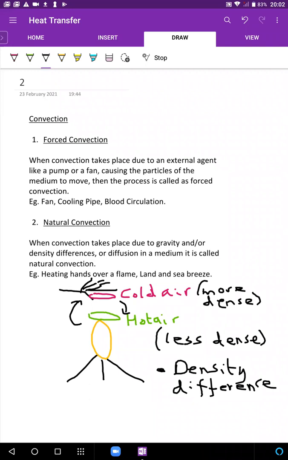So there's a density difference, and there is also gravity which is playing a role in bringing what is colder down, bringing what is heavier down and taking what is lighter up. That's gravity which is doing that. It is pulling the heavier thing down, that's because of gravity. Understood? So this process is called natural convection.